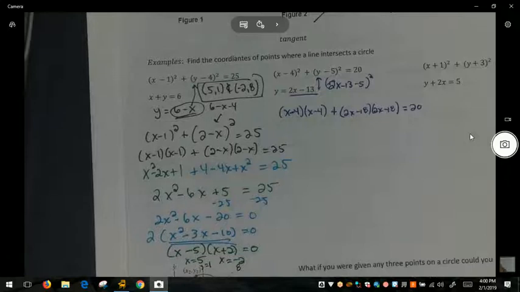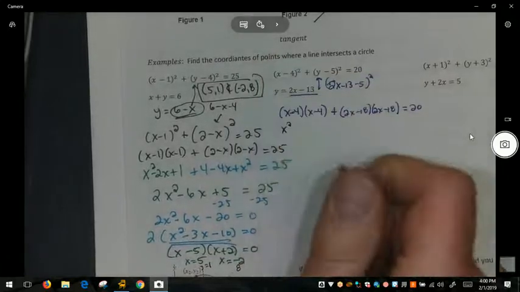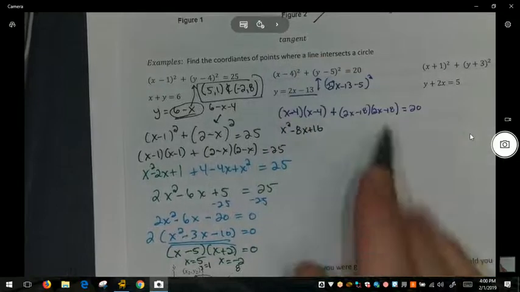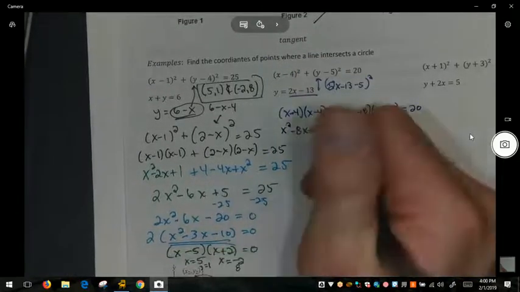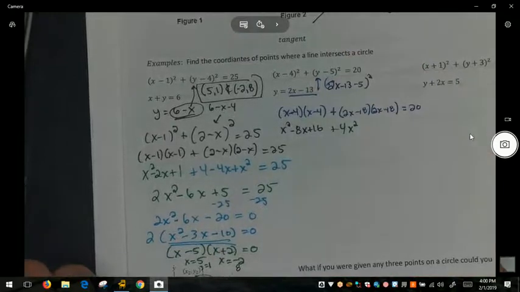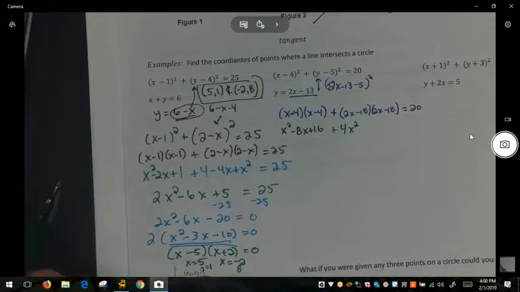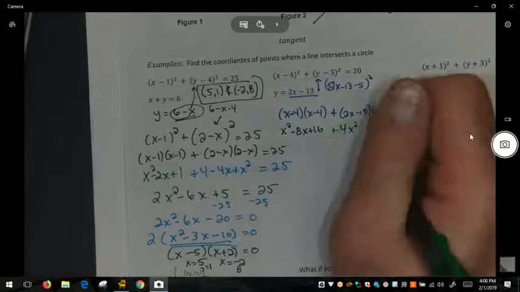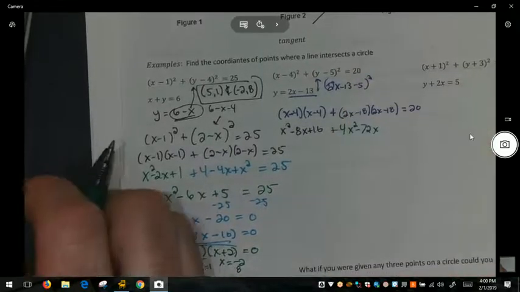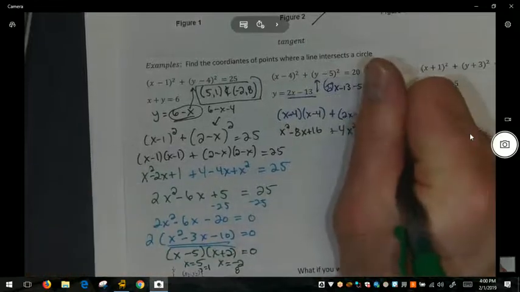In multiplying this out, I have x squared minus 8x plus 16. In multiplying this out, I have 4x squared. 2 times 18 is 36, times 2 is 72, so I have negative 72x. 18 squared is 324.